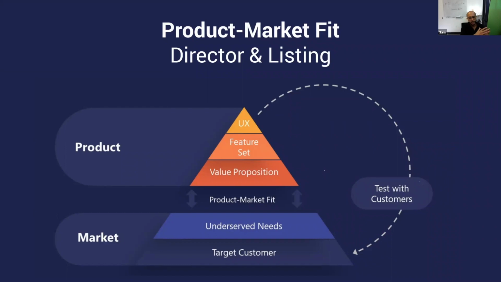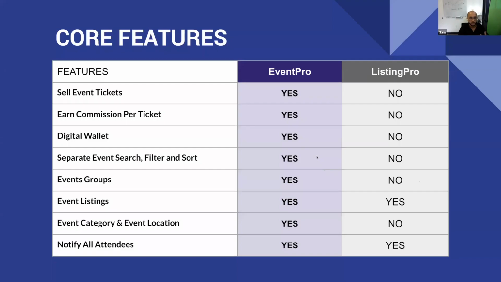We did have an events feature within ListingPro, but it gave very limited options. With EventPro, you can take it to the next level and do a lot more. So if you were waiting for something like this for some time, this is a great add-on.